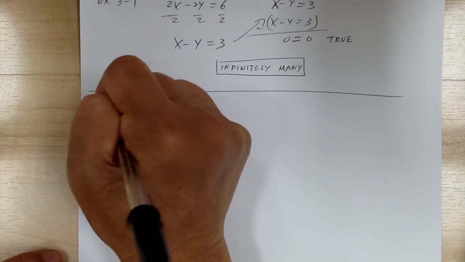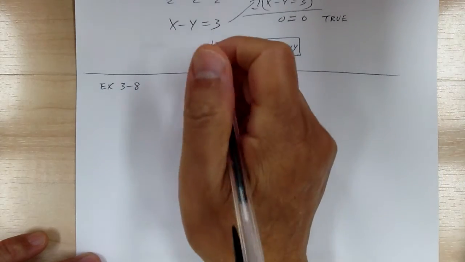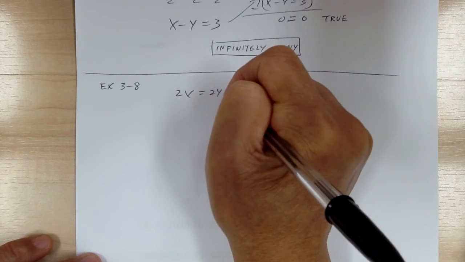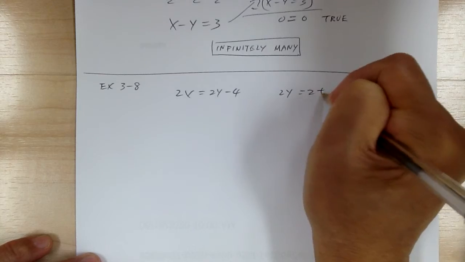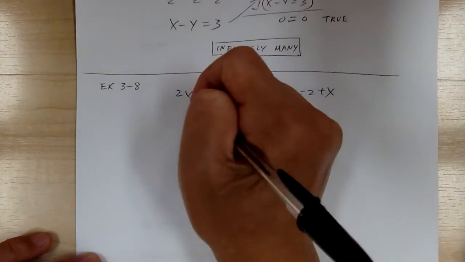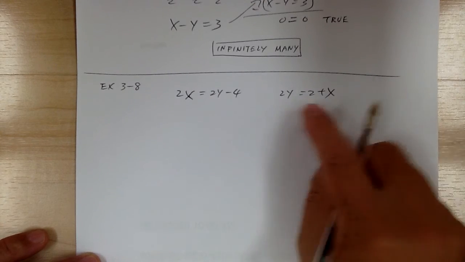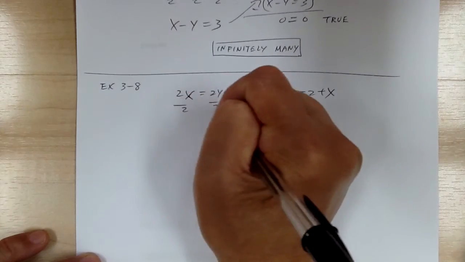Okay, let's go to example 3-8. So you have 2x equal to 2y minus 4, and you got 2y equal to 2 plus x. So the equations look kind of weird. They look different, so we're going to use the substitution method. So that's dividing by 2.